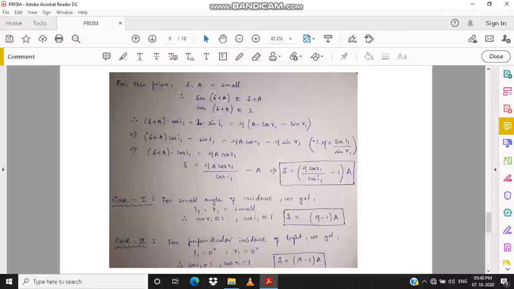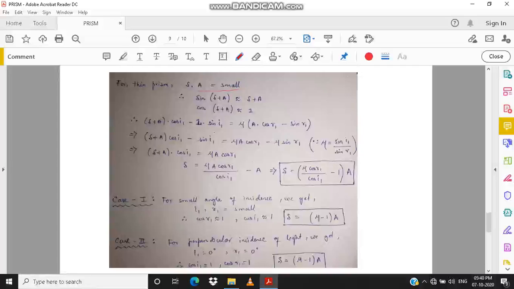Now we know that for the thin prism, angle of the prism is very small. A is very small, as we just learned that it's less than 10 degree or even smaller. So similarly, angle of deviation will also be small.